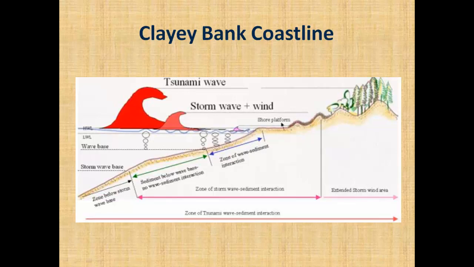The vegetation absorbs all that energy, and since it absorbs all the energy, it reduces the wave height and the wave speed. So vegetation cover is very important to these types of coastlines.